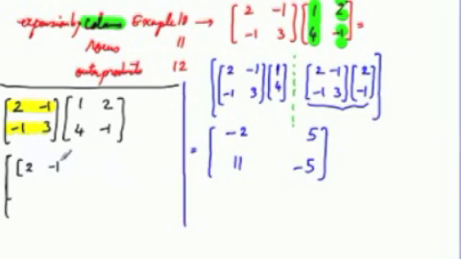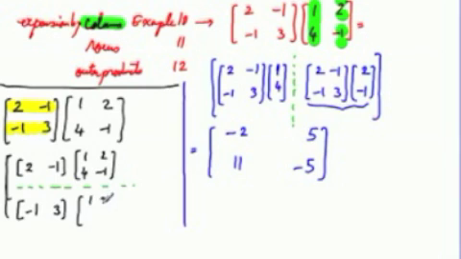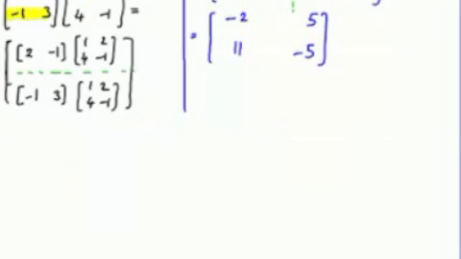Let's indicate how it's going to be laid out before we do it. So 1, 2, 4, minus 1 is going to be one row of my answer, and then I have minus 1, 3 multiplied by 1, 2, 4, minus 1, and then we are going to carry this out. So how do you do that? So you just multiply.